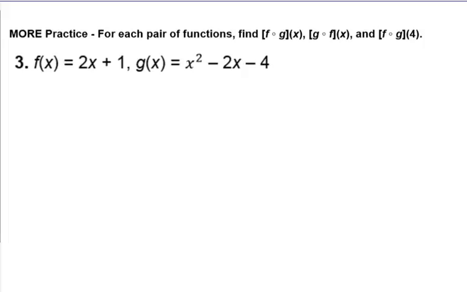Okay. We're supposed to find f of g, g of f, and f of g of 4. Anybody tell me what to do for f of g?